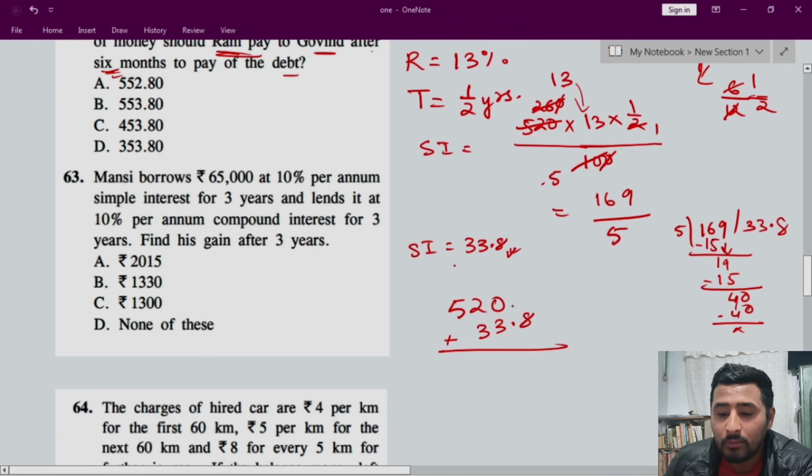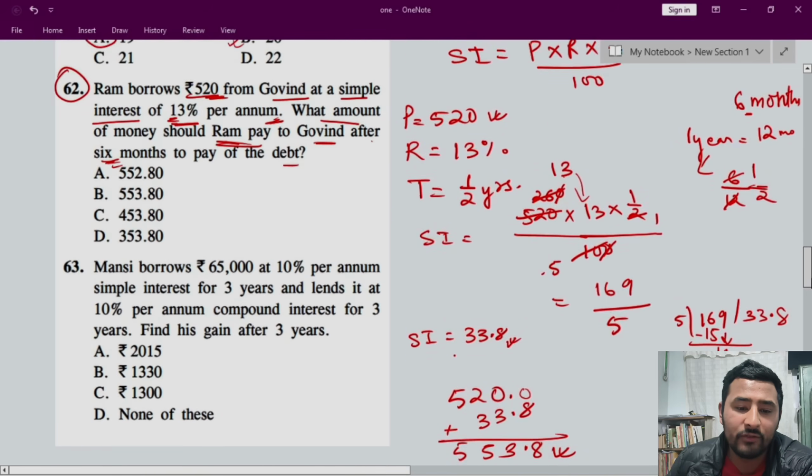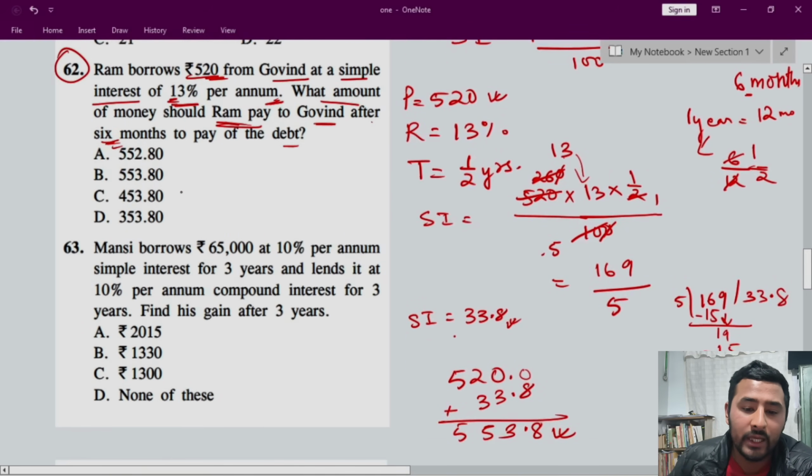So you add this, and the total amount Ram has to pay is how much? 553.8. So the answer is option number B.